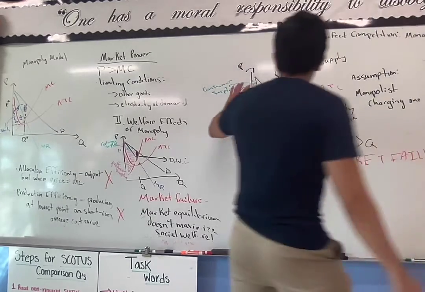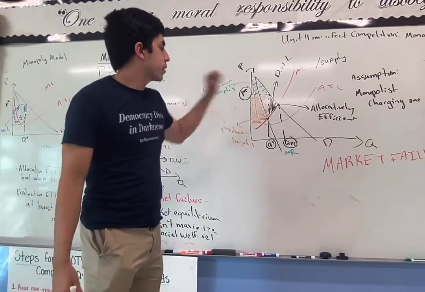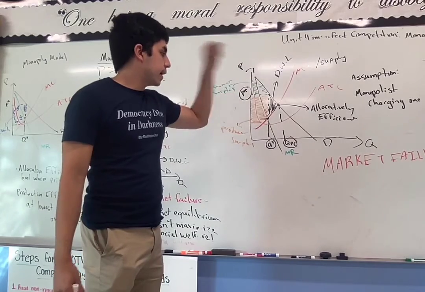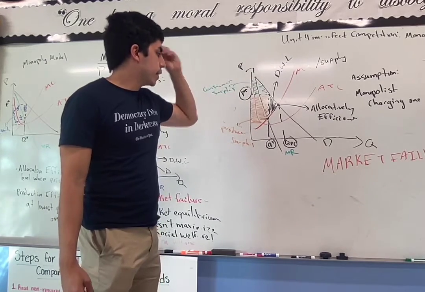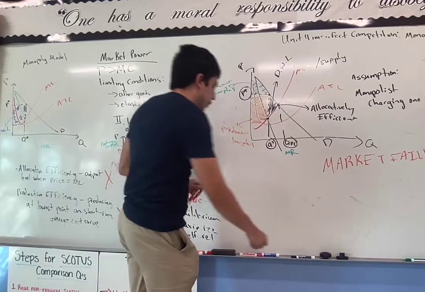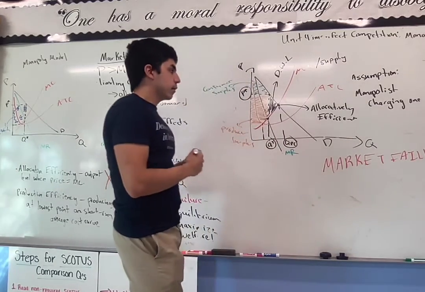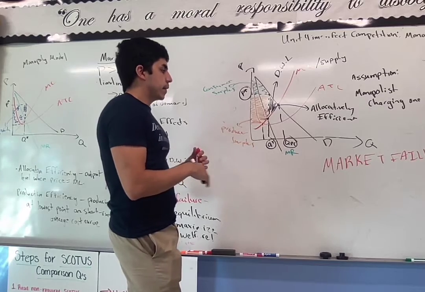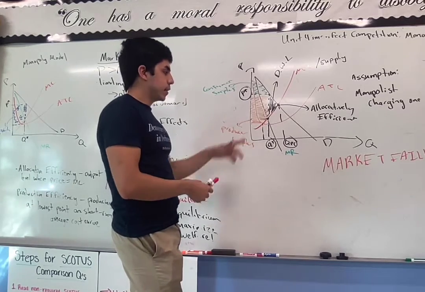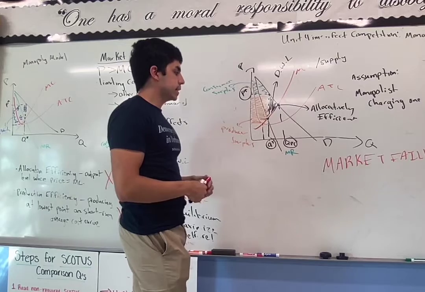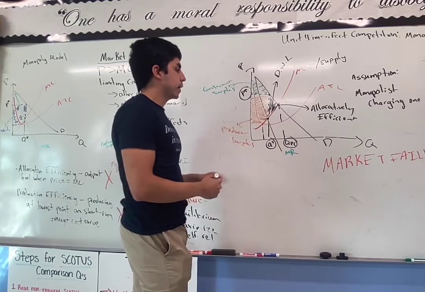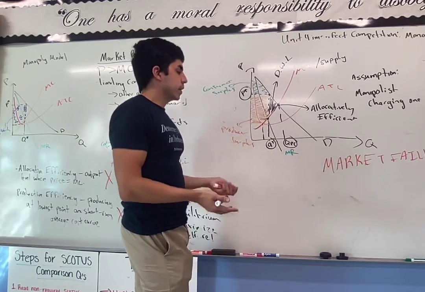We also have a markup. We have a gap between price and marginal cost. We're not producing at the allocatively efficient point. The allocatively efficient point or the productively efficient point, which we predict in the long run, where the price will be tangent to that productively efficient point along the ATC curve in perfectly competitive output markets, is also not being produced.